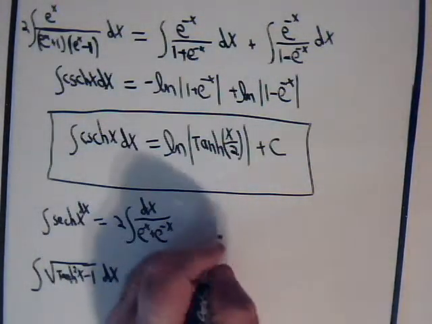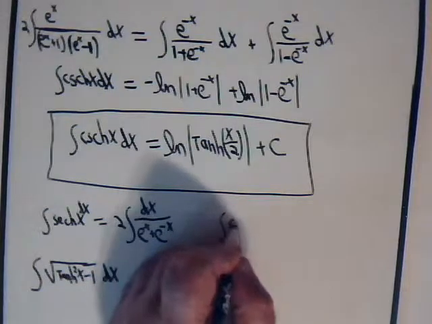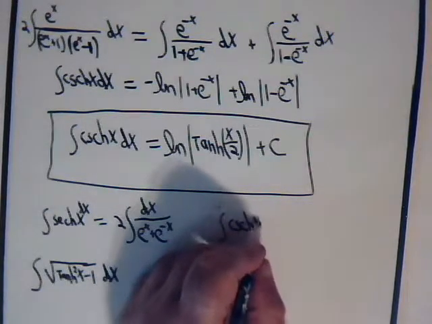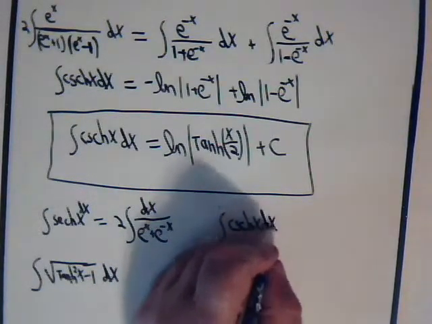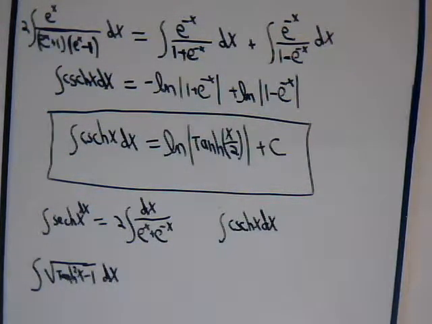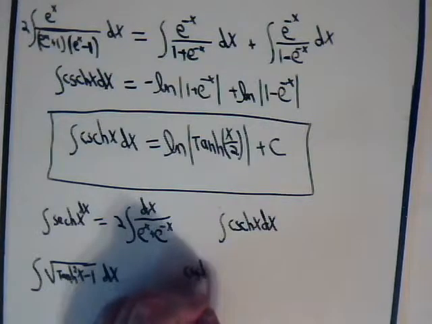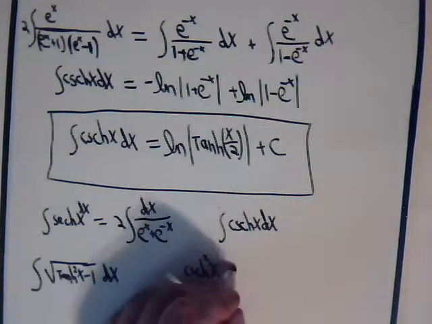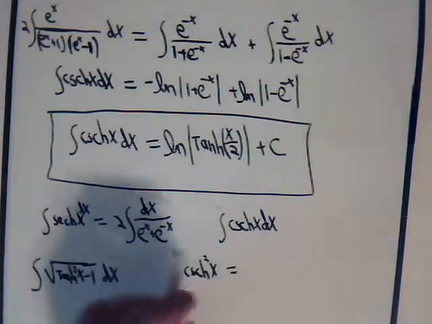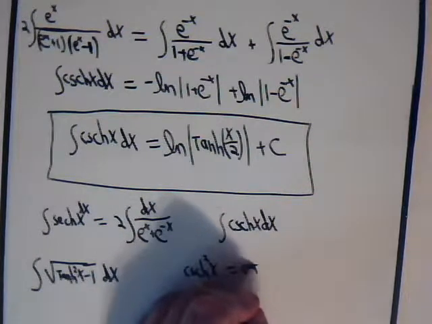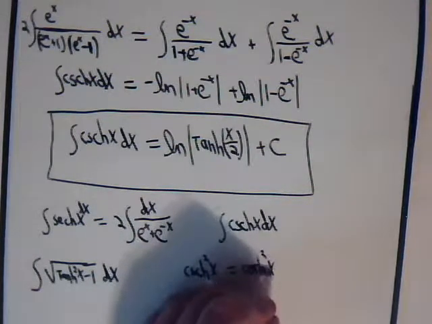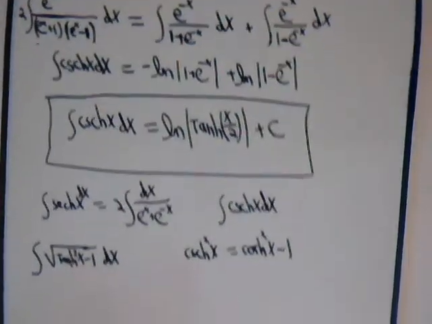But what happens now if we rewrite this using the hyperbolic cosecant squared of x, which is equal to the hyperbolic cotangent squared of x minus 1.